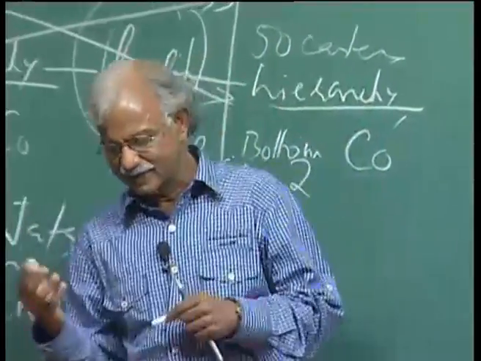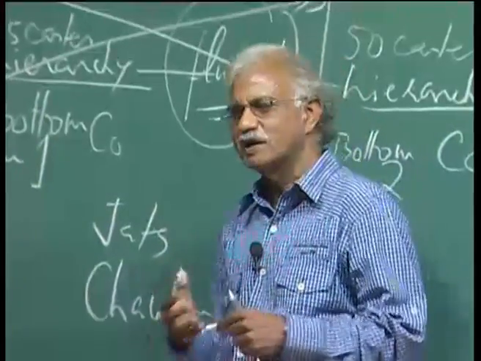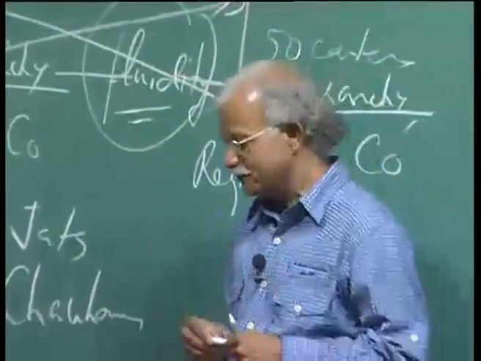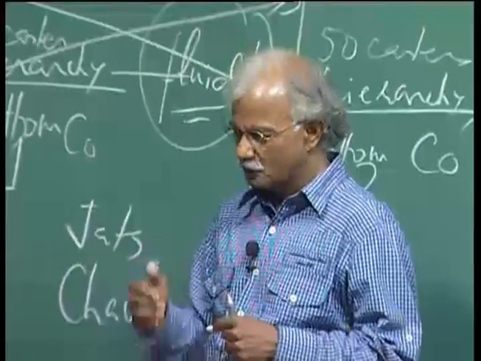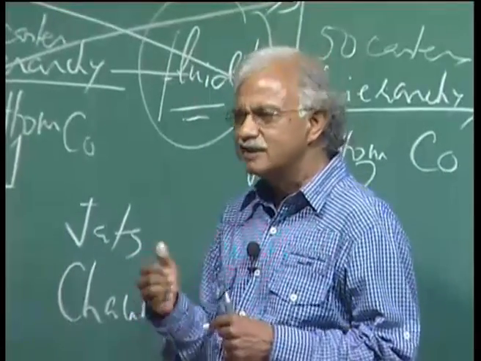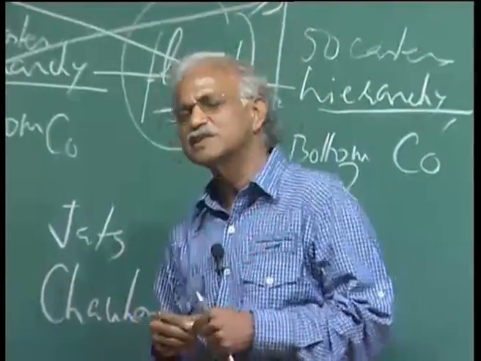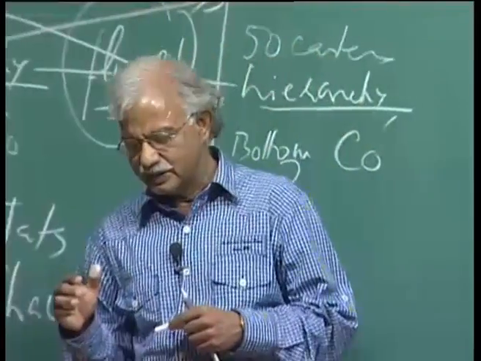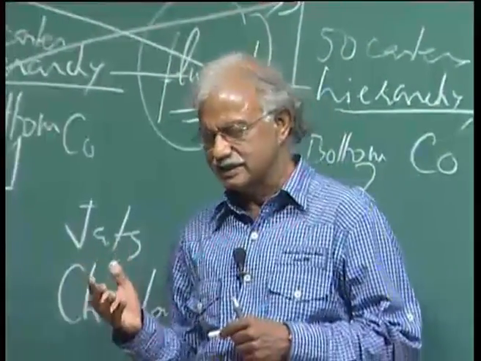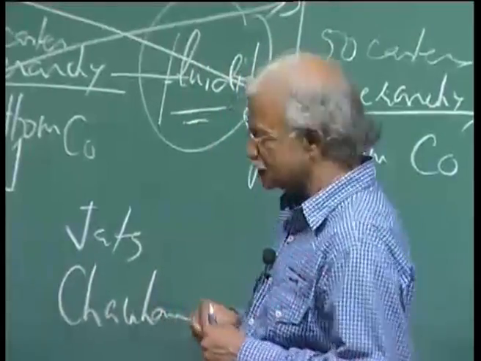Like they may say that they are descendants of Lav or Kush or Bharat or Ram or Lakshman, and this is how that low caste or Shudra caste person and his family are elevated to the status of Kshatriya. But this is all positional change, and this does not lead to any structural change in society.